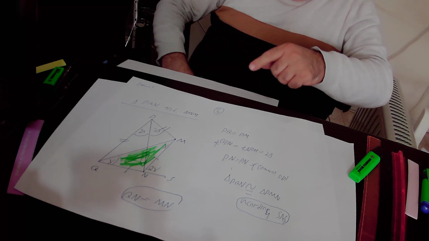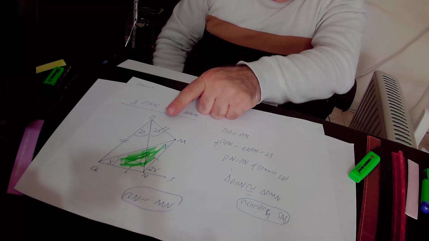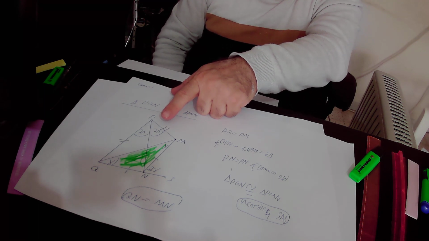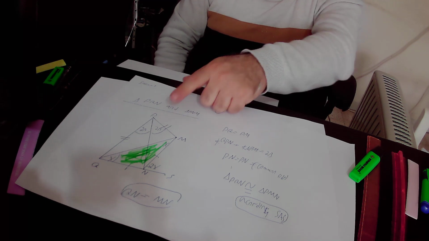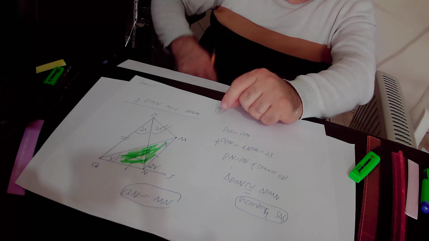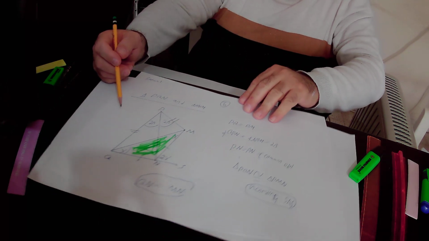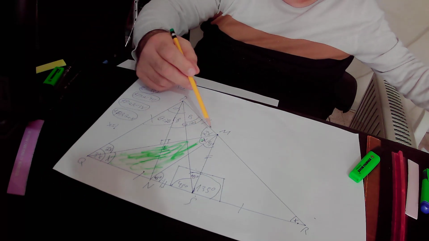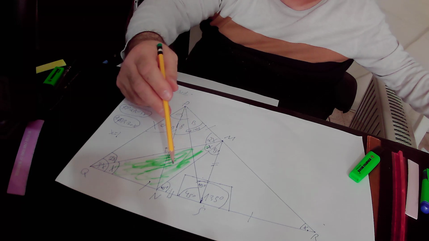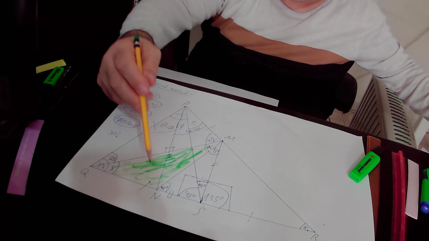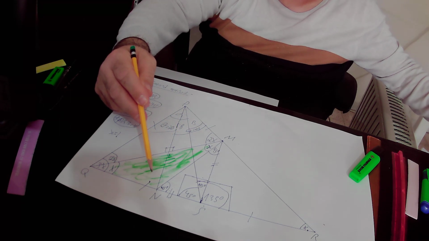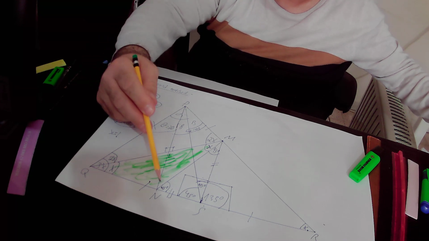So we actually proved that triangle PQN is congruent to triangle PMN according to the side angle side rule, and from that fact we can conclude that MN equals NQ.